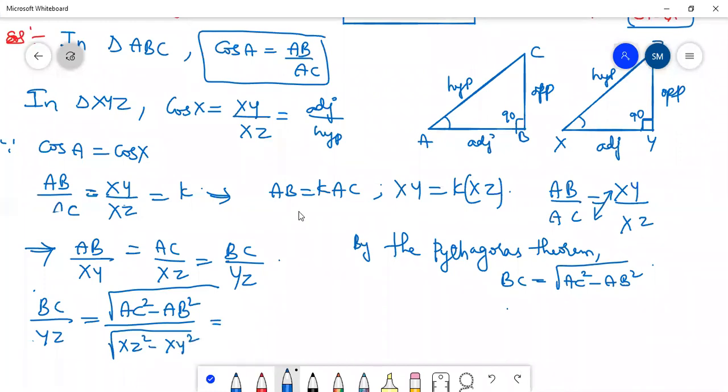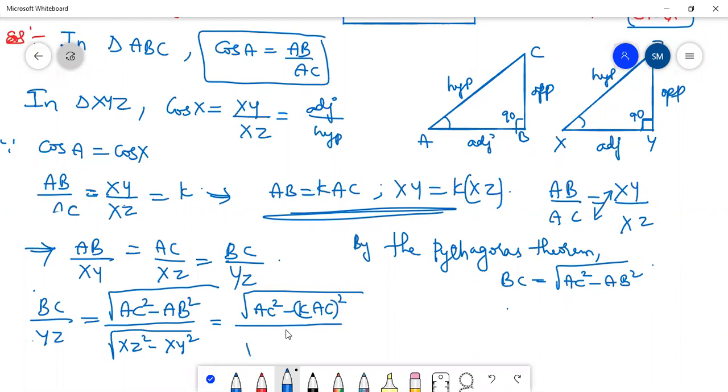By using these relations, we can write in the place of AB equal to K AC. Then this is under root of AC square minus K into AC whole square, by under root of XZ square minus, in the place of XY, K into XZ whole square.